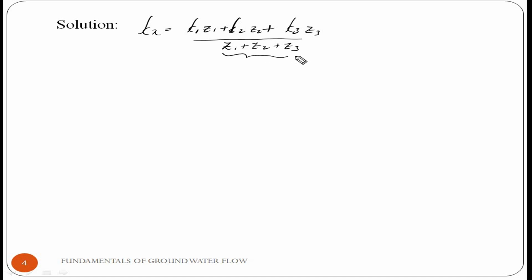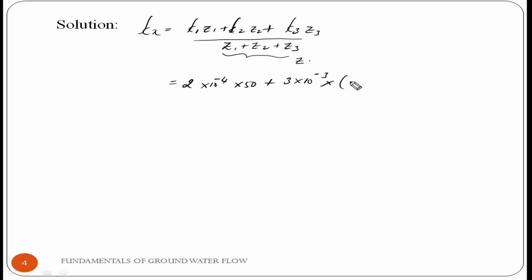So these all layers is nothing but the capital Z. So K1 value is given 2 into 10 to the power of minus 4 into 50 plus 3 into 10 to the power of minus 3 as K2 value, and the total thickness Z is given as 3 meter.